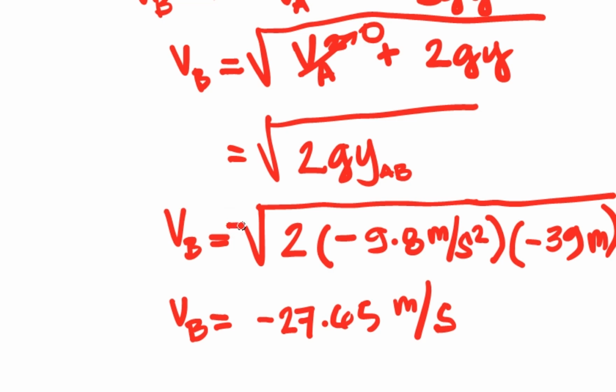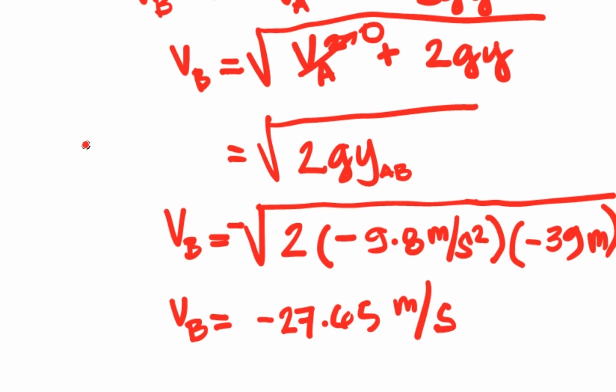Velocity B should be negative. We should put negative here. This negative sign denotes that the velocity is going downwards. So it is very important for us to denote our variables like velocity and displacement using a sign convention.